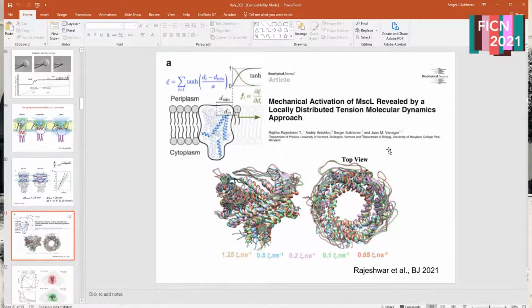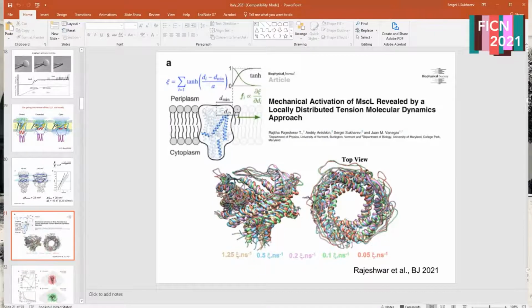In this case, the locally distributed tension is distributed according to some decaying function. This decaying function organizes the lipids around the channel into one collective variable, and it dies off within about 3 layers of lipids, so that the force is applied not to the rim of the simulation cell, but just to the rim of the protein. The protein is not touched, only the lipid.